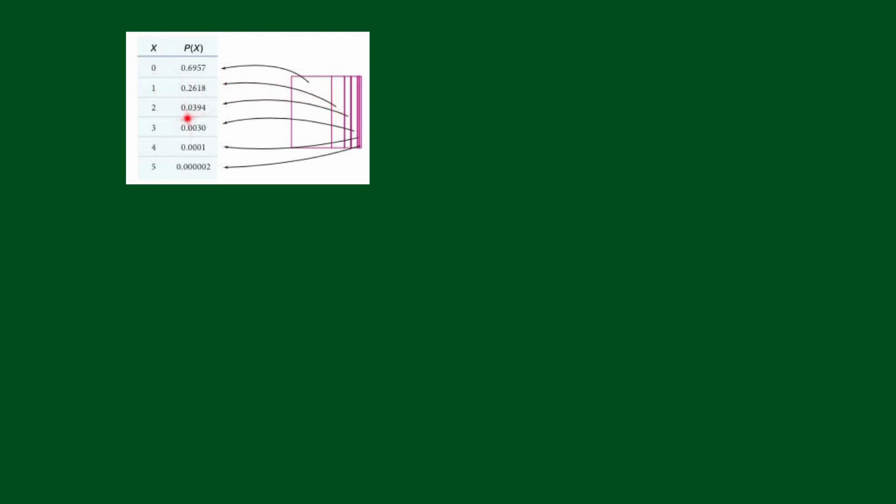Then I'll take about 3.94%, that might be this little region right here, and distribute it to the 2, and so on. Then I'll take about 0.3%, very small, can't even see it here, that would be just that little slice there, and put that with the 4. And then the rest of it with the 5.